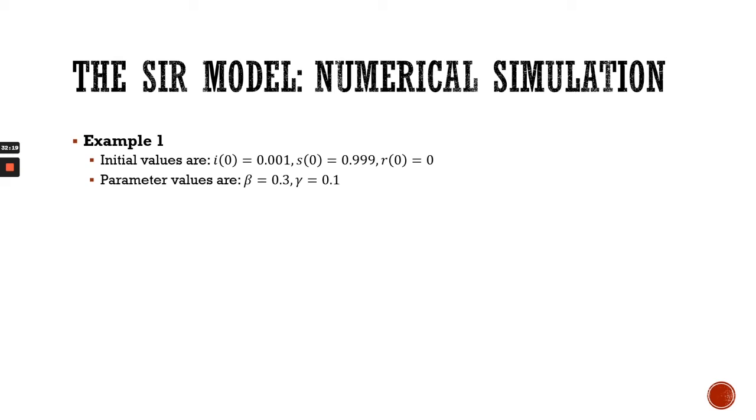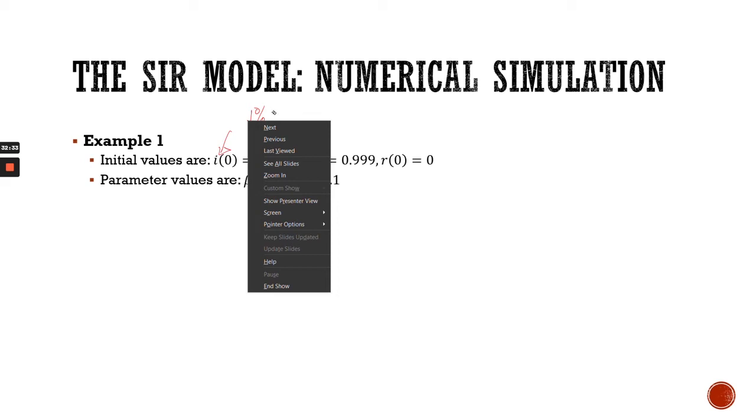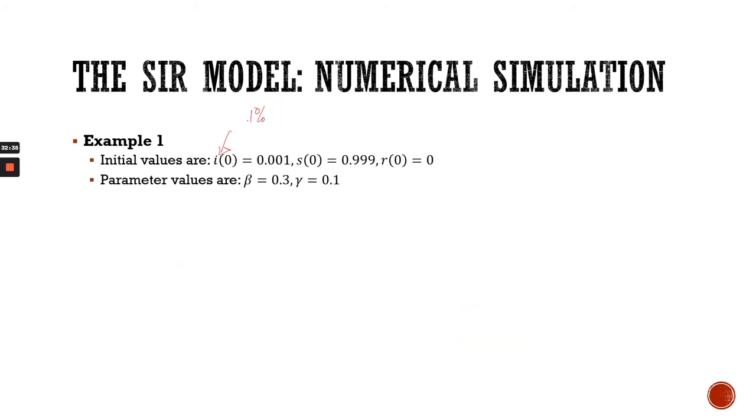Sa example 1, let's say ang initial value sa imuhang infected, initial infected mo is 0.001. That would mean 1% of the population. Oh, it's 0.1 actually. 0.1% of the population are infected initially.